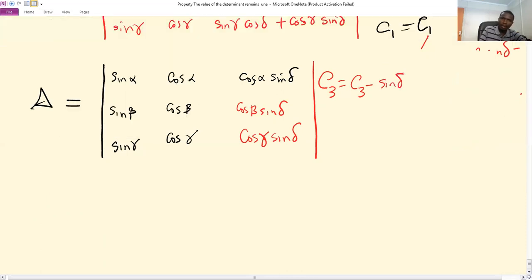Column 2 remains column 2, and column 1 remains column 1.